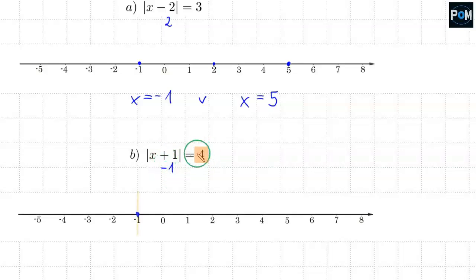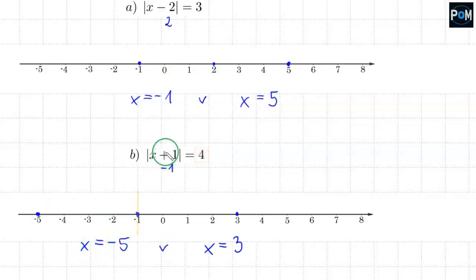This number tells us the distance, so we go 4 units to the right. When we do this, we end up at 3. That's our first solution. The second solution is to go 4 units to the left from this -1. 1, 2, 3, 4. Here we end up at -5. That is the second solution, x equals -5.